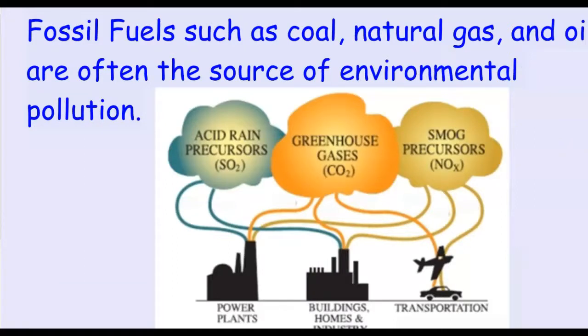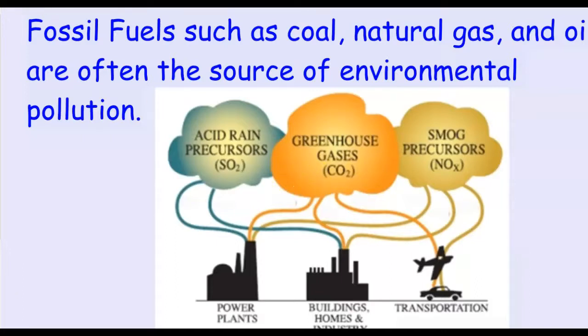Fossil fuels can often lead to pollution, as you guys see here. Burning coal in power plants to create electricity can release different compounds into the atmosphere, which changes the pH, or the acid-base balance, of the rain, and we can actually do damage to our planet with these.